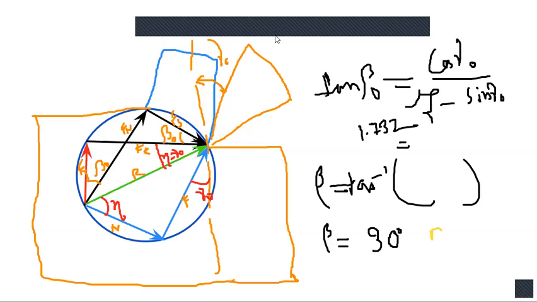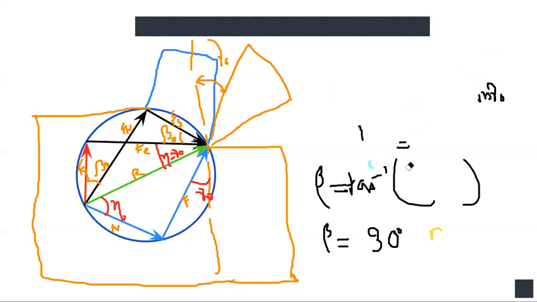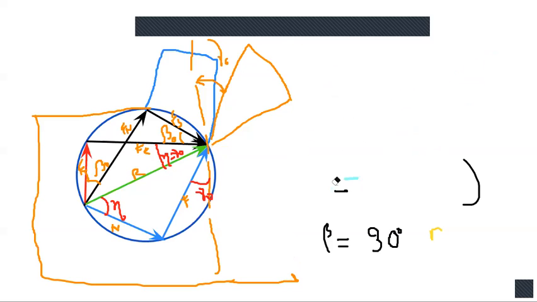Now let's draw the merchant circle diagram for this. This is on the left side of the board. This is our standard diagram.